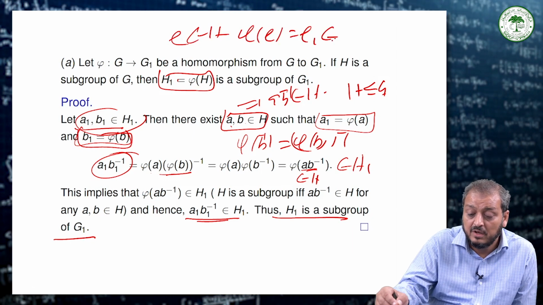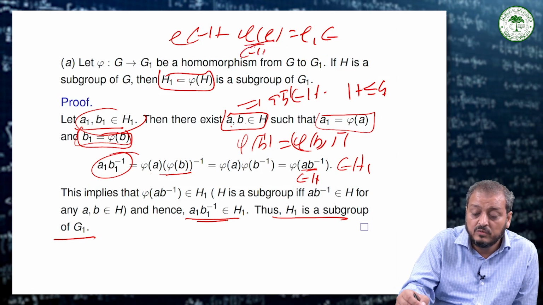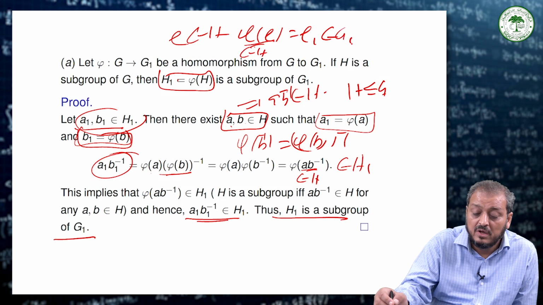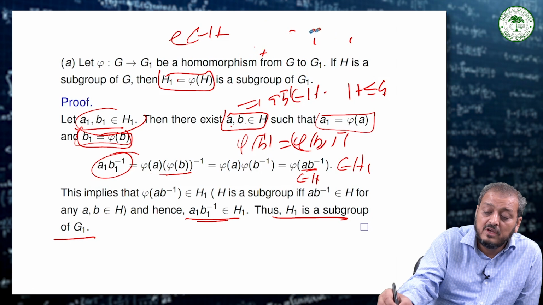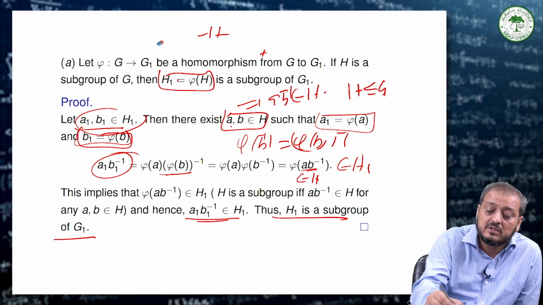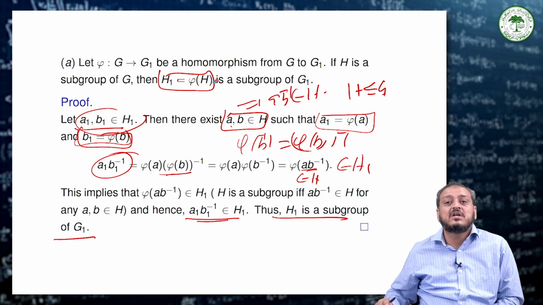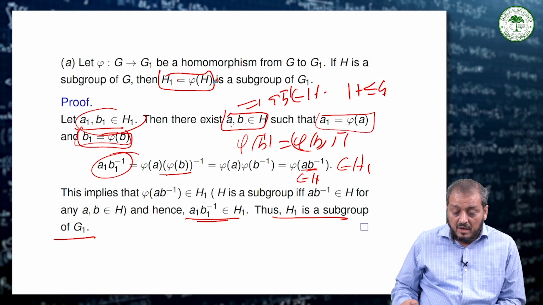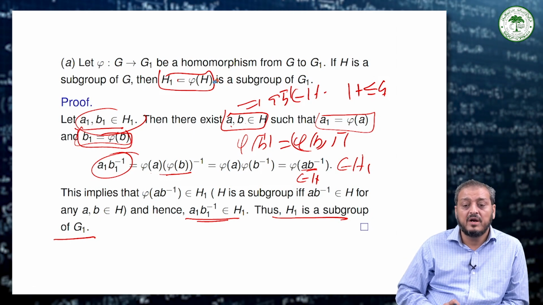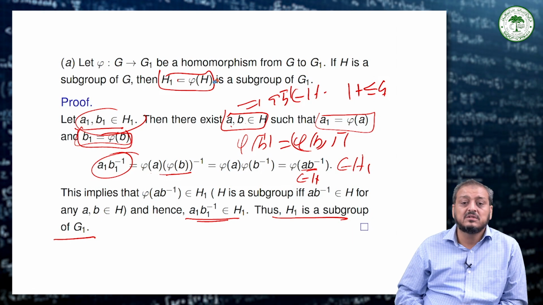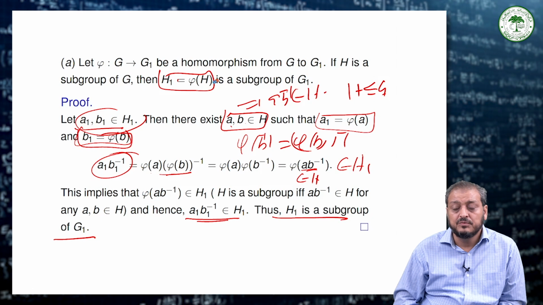So phi of H is clearly non-empty. The second condition is also solved by the subgroup criteria. So we can say that H1 is clearly a subgroup of the group G1.